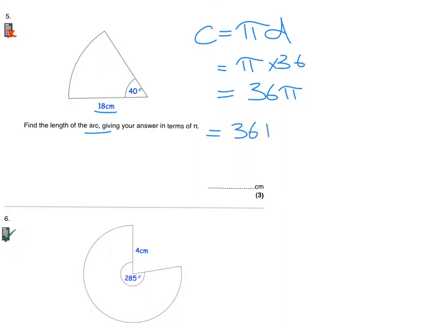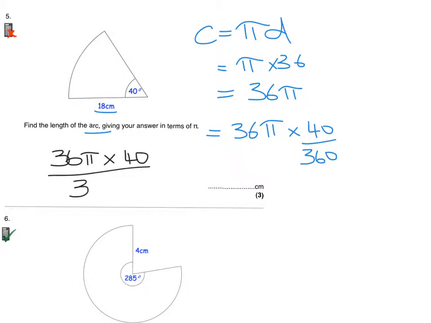36 pi times 40 over 360. Well, I can actually make that one whole big fraction. So I can rewrite that as 36 pi times 40 all over 360.